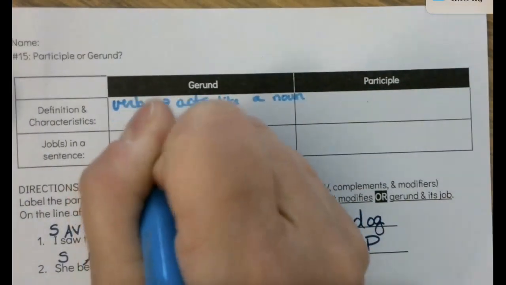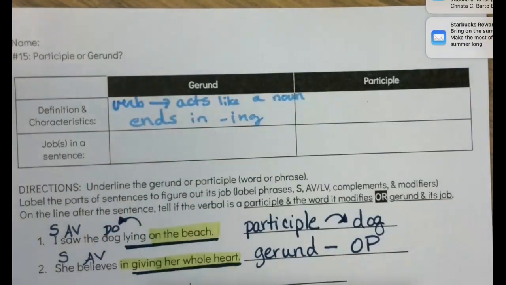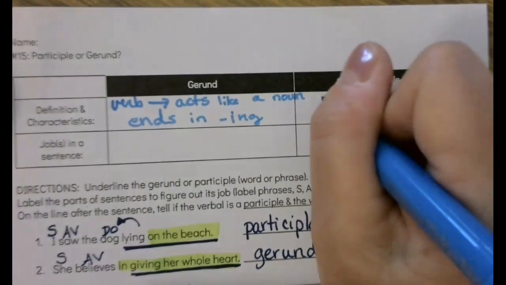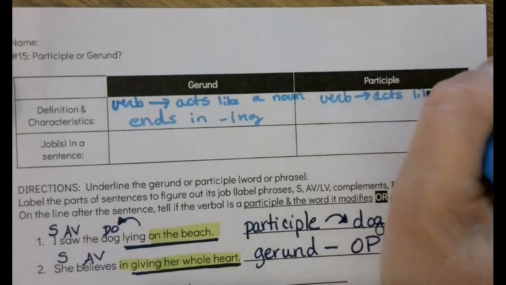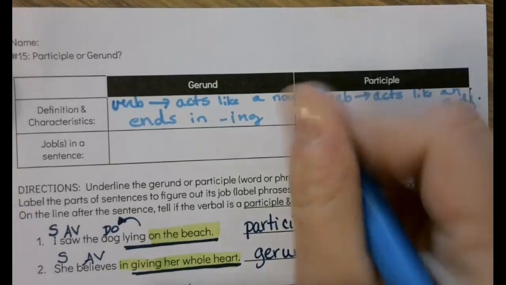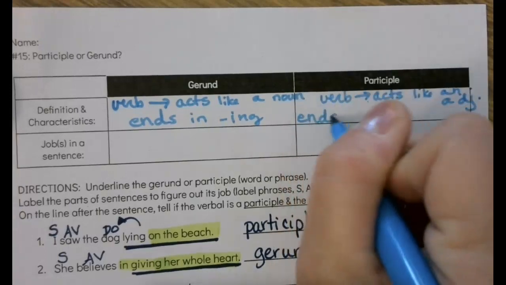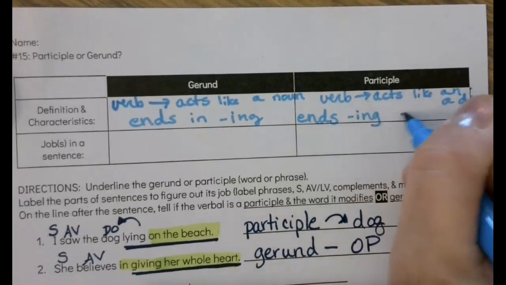And it ends in ing. And a participle is a verb that acts like an adjective. And it can end with ed if it's in past tense or ing.